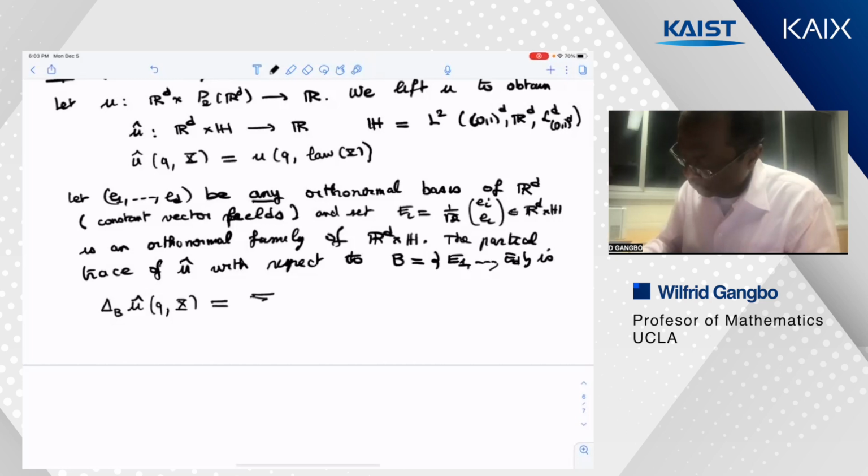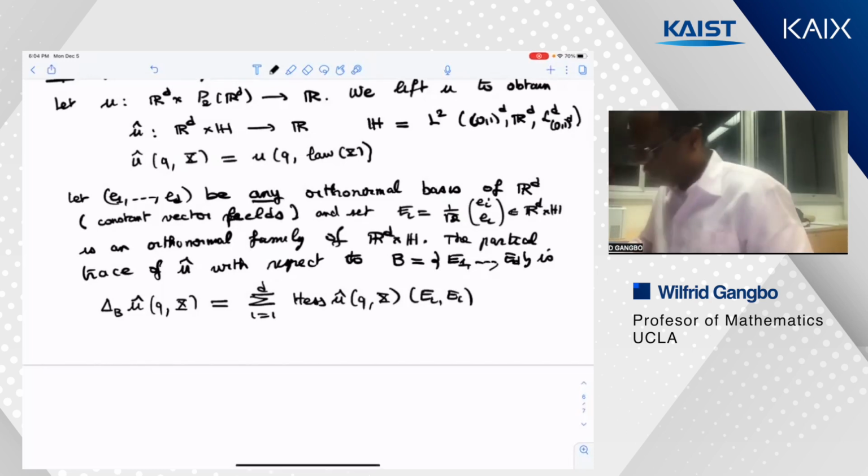This is the sum, i from 1 to D. I am going to compute the Hessian of U hat at (q, X) and apply them to the vector field.